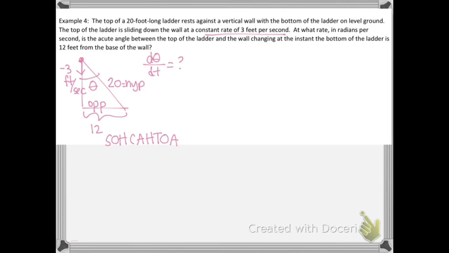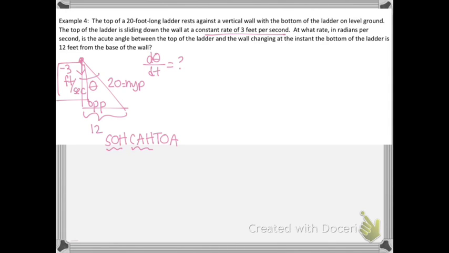So I definitely want to plug in any constants before taking the derivative. So I definitely want to use the hypotenuse. So I'm either going to be using sine or cosine to create my equation. And I need to use this side here. I need to use the negative 3 feet per second.